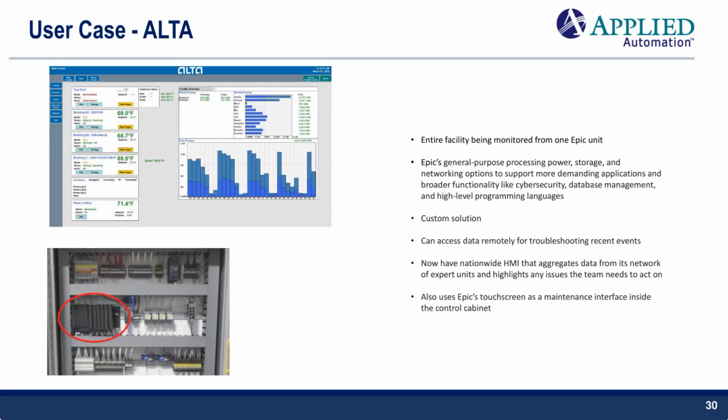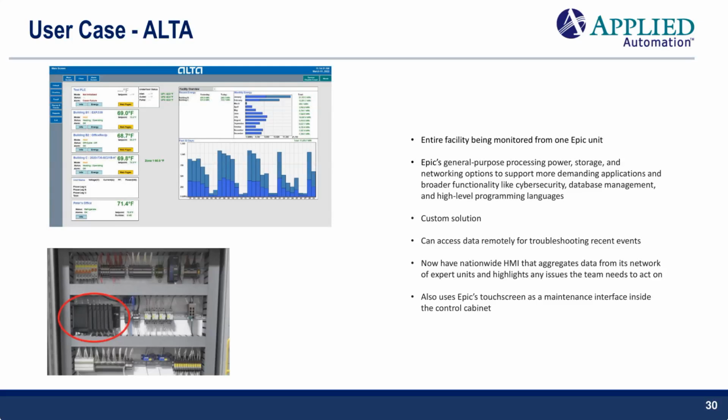So this was ACS out of Georgia. They had an Opto application, or still do. They're an OEM now, but Alta Refrigeration. Their entire facility is being monitored from one EPIC unit that's put in their control panel. The general purpose is processing power and storage, and then they're able to provide really awesome functionality with being cyber secure, database management, and using high-level programming languages.